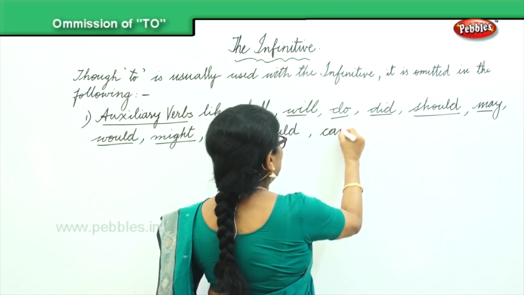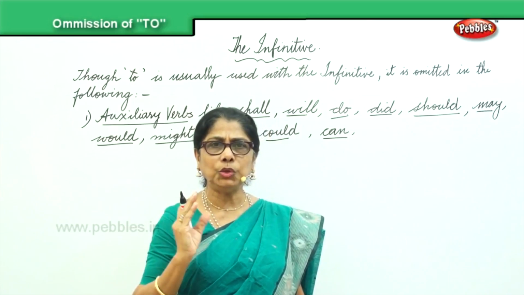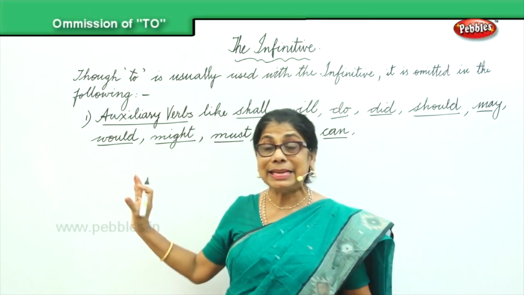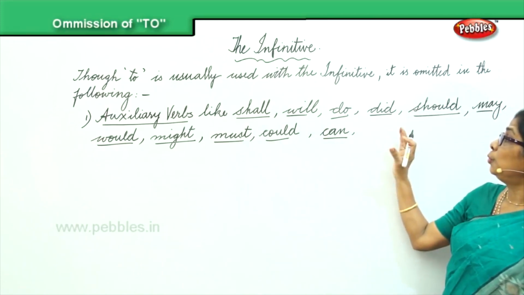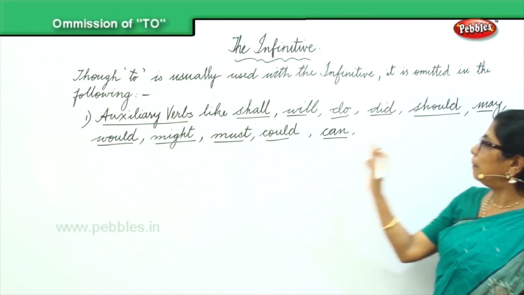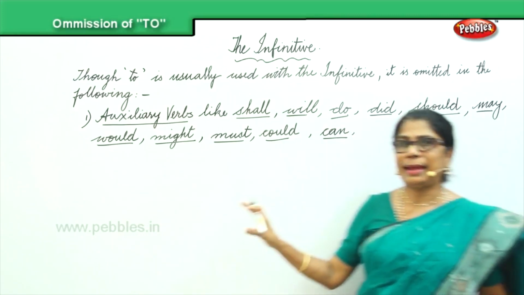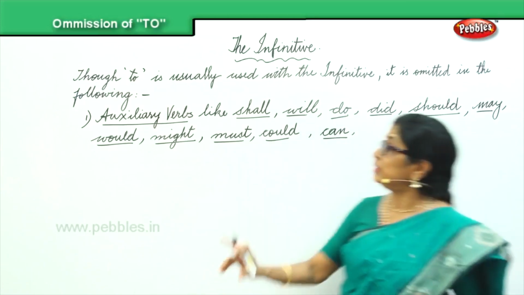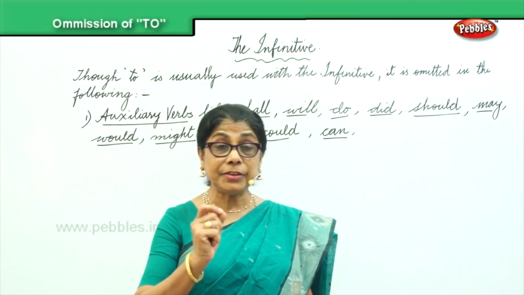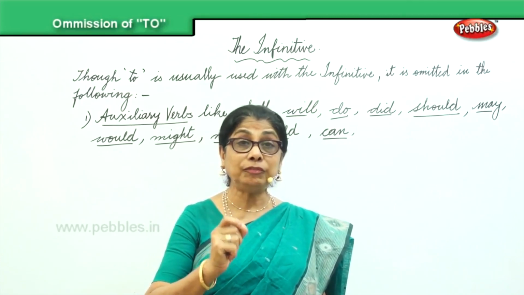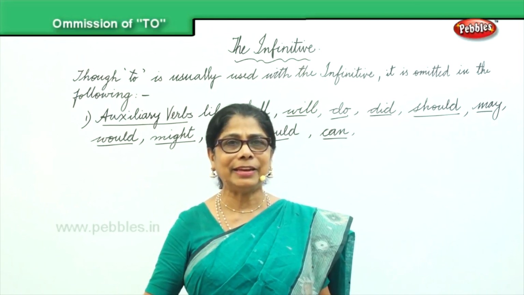Now look at all these auxiliary verbs. When we are using these auxiliary verbs, shall, will, do, did, should, may, would, might, must, could, can, to is omitted. To form the infinitive, we have to use to with the verb. Then we get the infinitive.